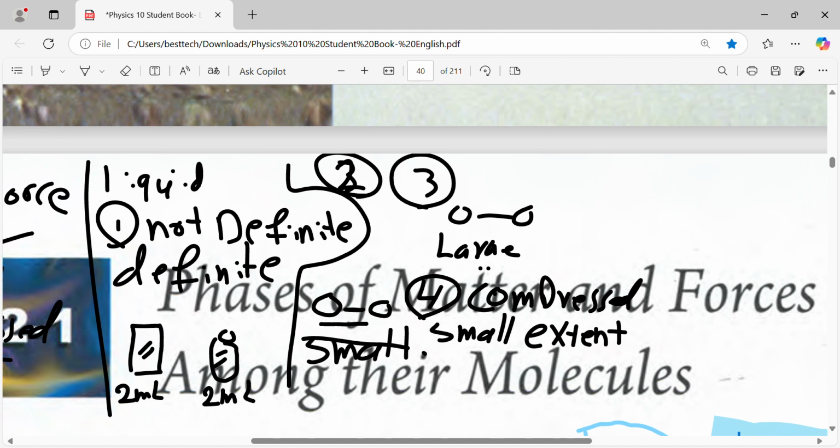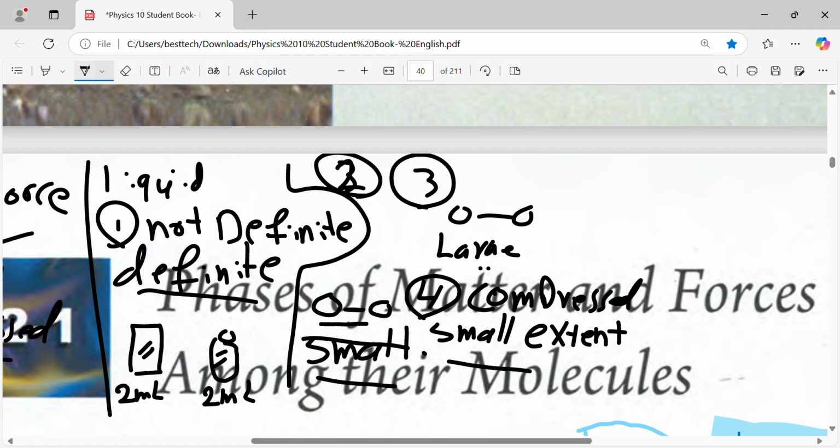Okay, guys. So the first property was not a different shape but a different volume, and the second property, their distance is small and we can compress to a small extent. And guys, one thing is left, the type of the force.